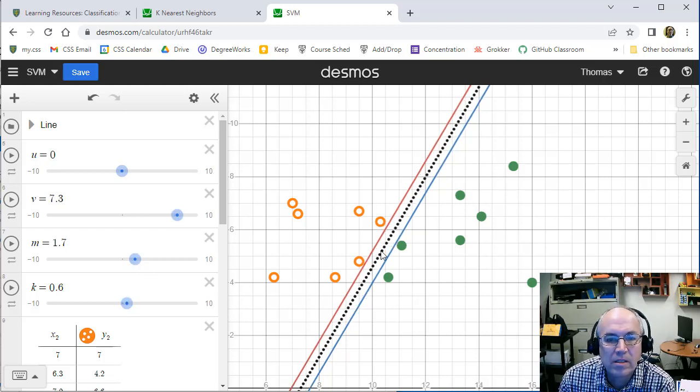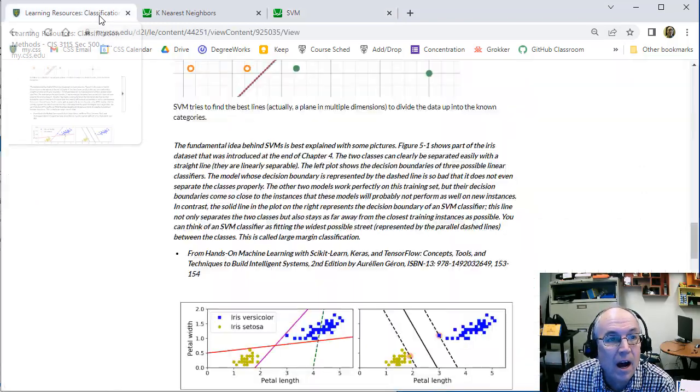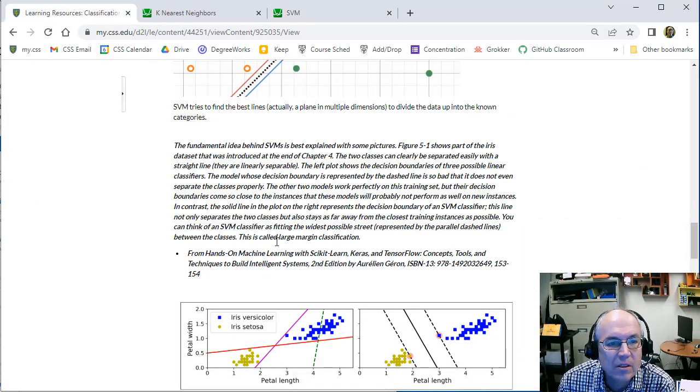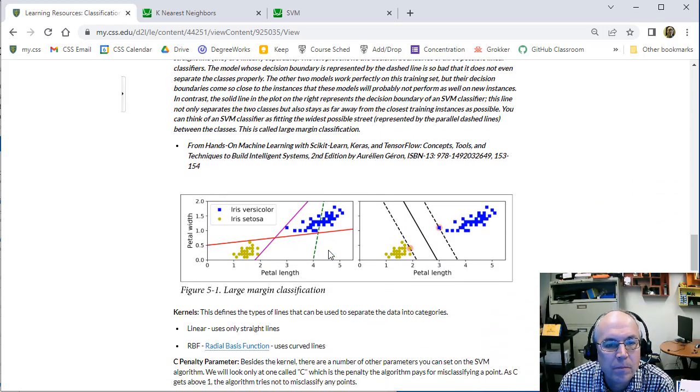So again, what is the path here that we can set up to get the widest decision boundary? And there's some nice math that goes into calculating this that we don't need to deal with here. But that's what support vector machines do. Here's back to our iris flowers. Again, we're looking at these different lines that can be drawn in here. And again, we want a line where we can maximize this decision boundary.